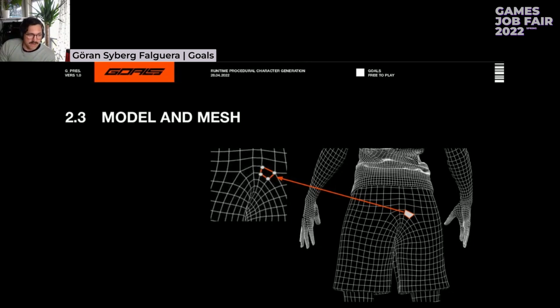I've marked them in the presentation as these gray circles. Between these points, we have lines, and they're called edges, and together they create a surface or a face. And in this particular mesh on the picture, it's made up of quads, meaning 4 vertices. And you need at least 3 vertices to create a surface. And that is why you often hear talk about triangles when people talk about graphics in games.